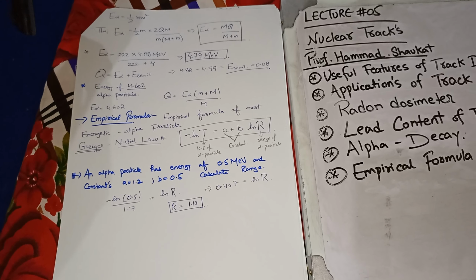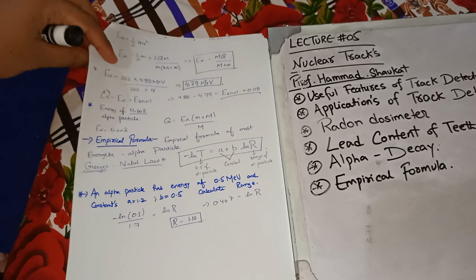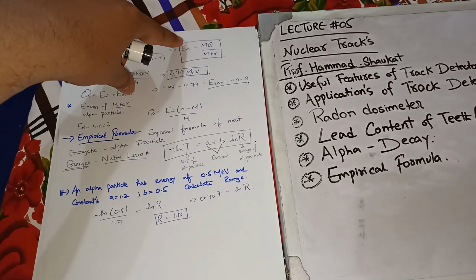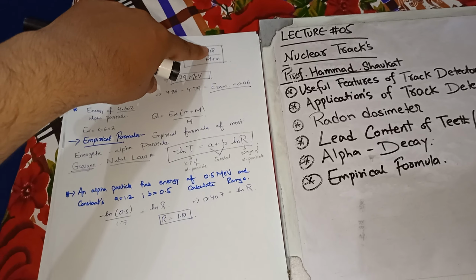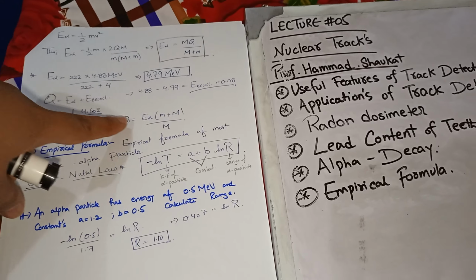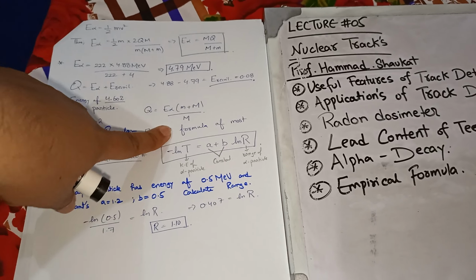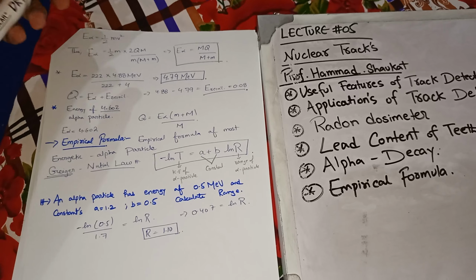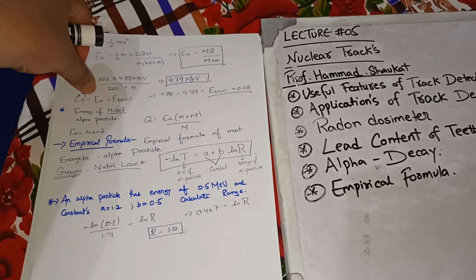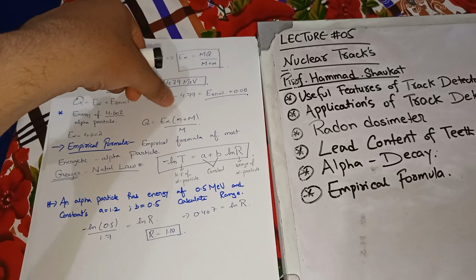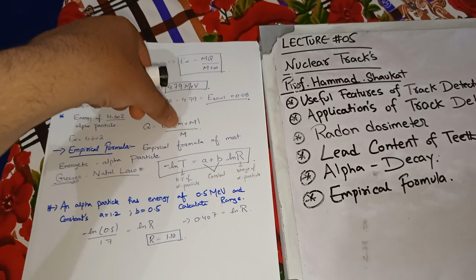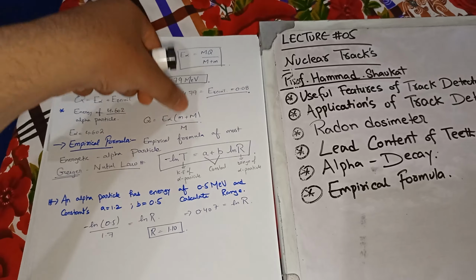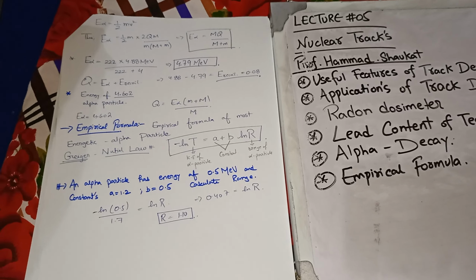There is a relationship between Q and E alpha, and this is that relation. To find Q, move this with E alpha and divide by m. The E alpha value we already know, 4.79, plus small m 4 plus capital M 222, divided by capital M 222. So you can easily find the Q value.